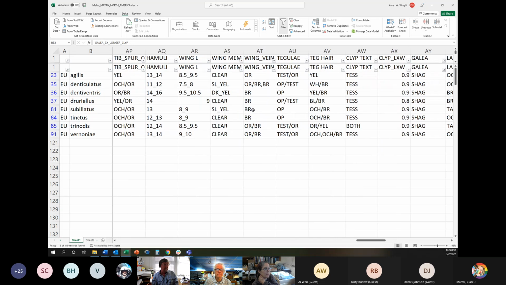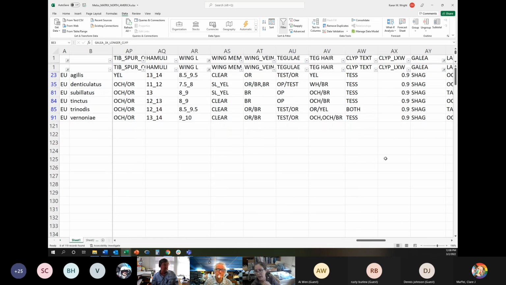So we can say, oh, well, the wing length of this bee that I have here is only like 8. So we can get rid of these bigger bees here. And now we're down even further, and so on and so forth. So it works similar to a Discover Life key, and I always use this split screen here so that I can keep the species list and the top row, which is the names of the characters.